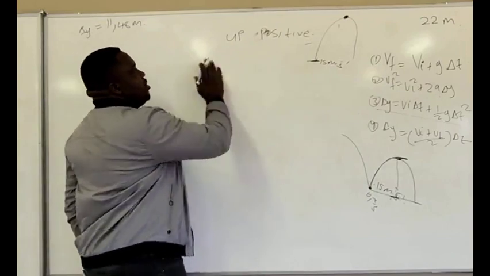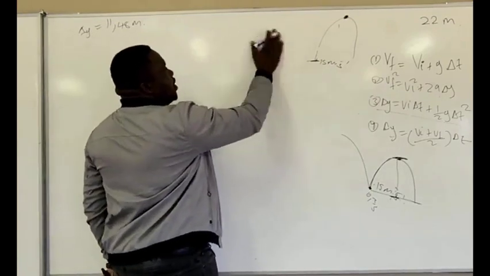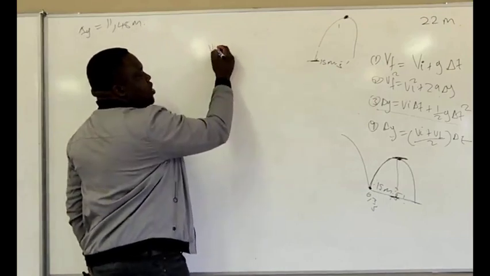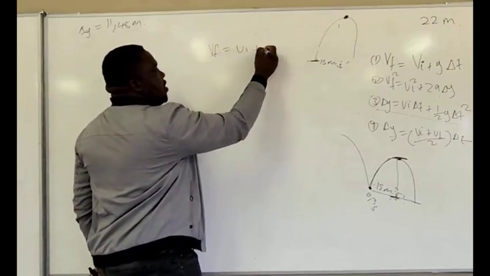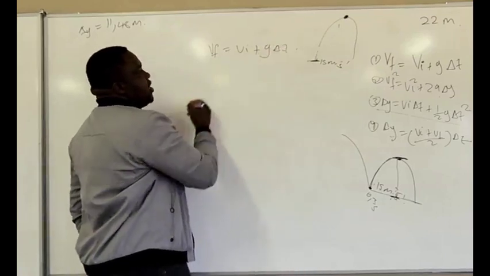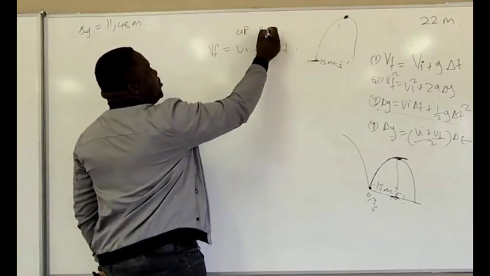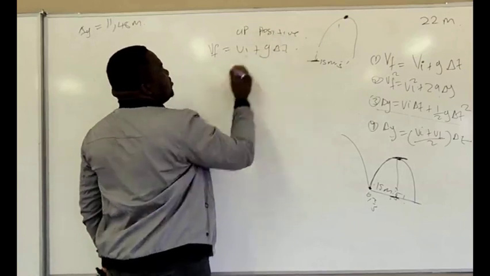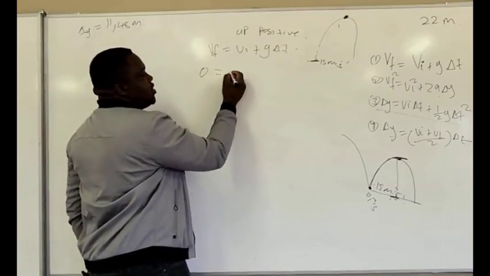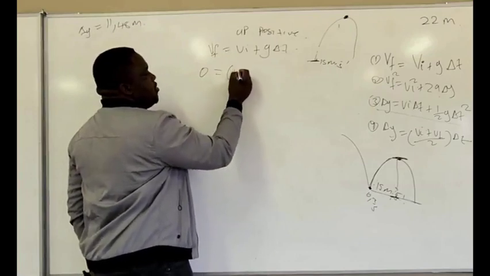Let me do that. I'm going to use this formula to calculate the time. Vf is equal to Vi plus g, change in time. Right? Let me take up as positive, meaning where there is final velocity, here I'm going to write 0. Initial velocity, I'm going to write 15.